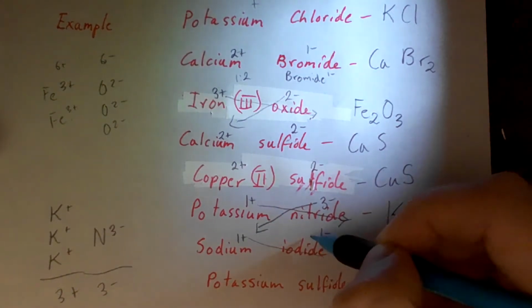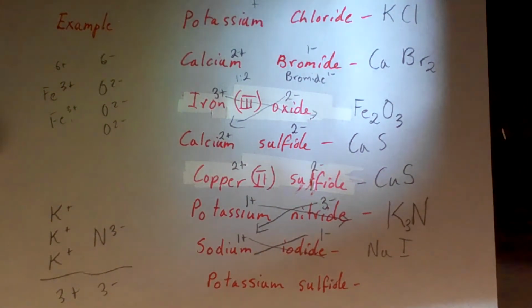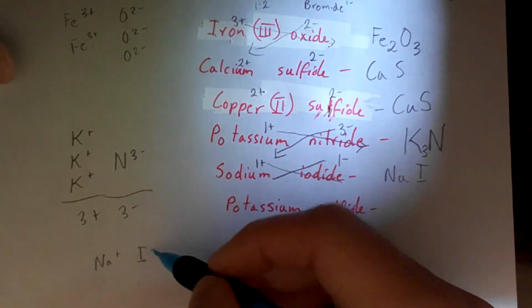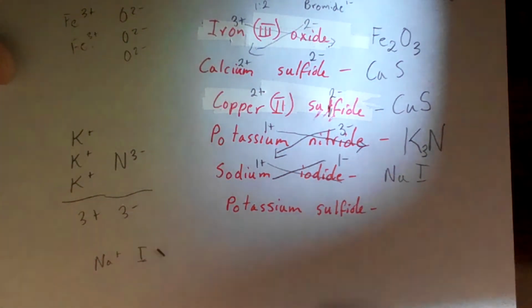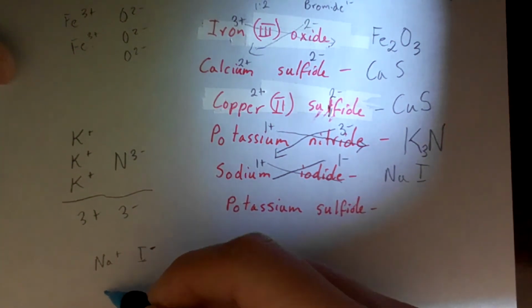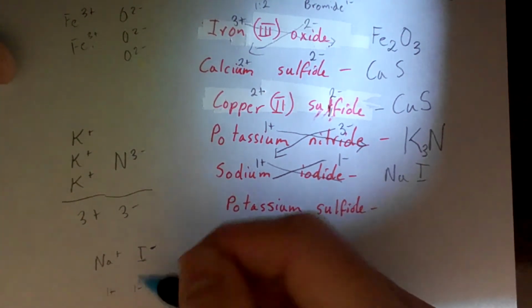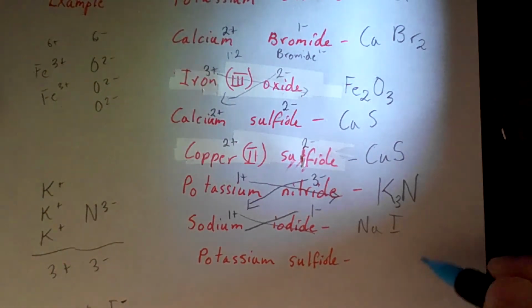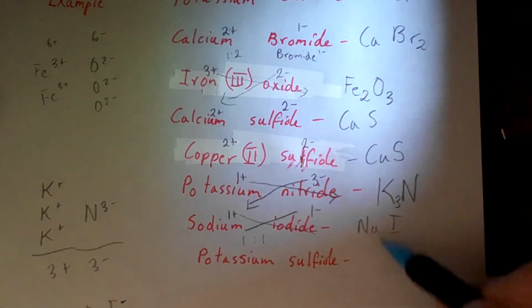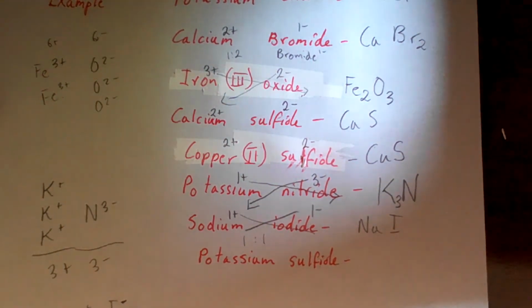We can use the crisscross method, so it's a 1-to-1 ratio. So Na plus, and then I minus. So 1 plus cancels out 1 negative. So we only need a 1-to-1 ratio here. So NaI, we don't need to add any subscripts.